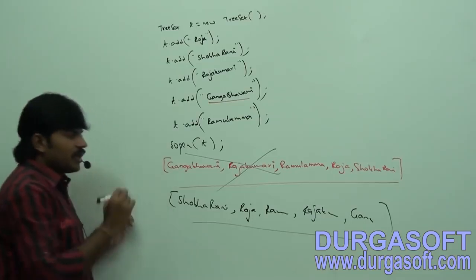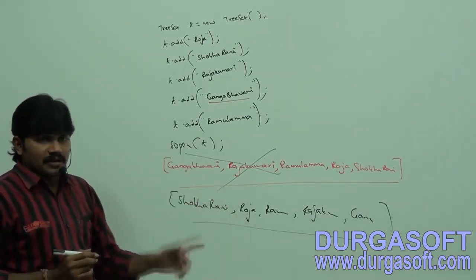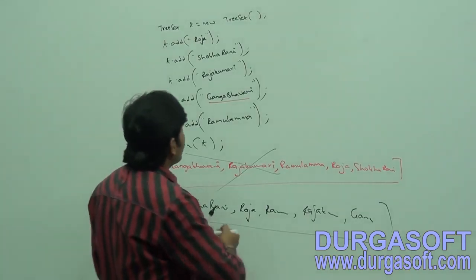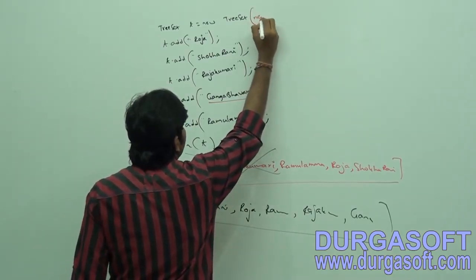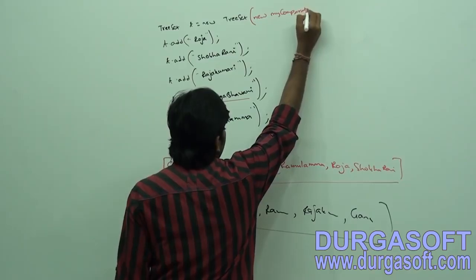This is my required output. Reverse of alphabetical order, what we have to do is very, very simple. So TreeSet t = new TreeSet of new MyComparator.